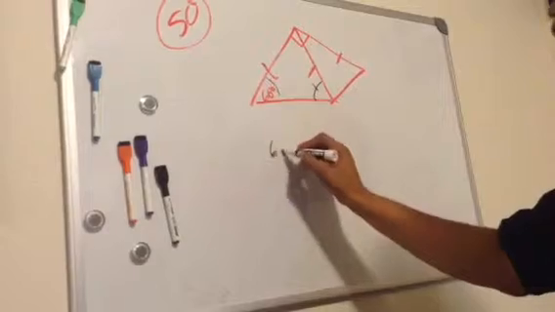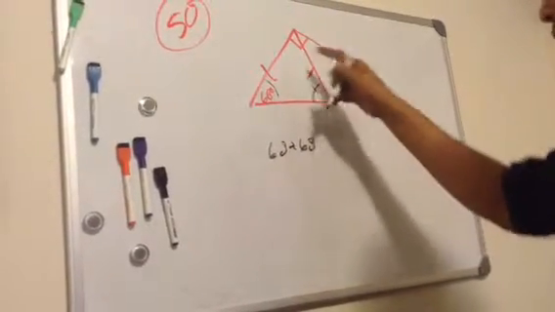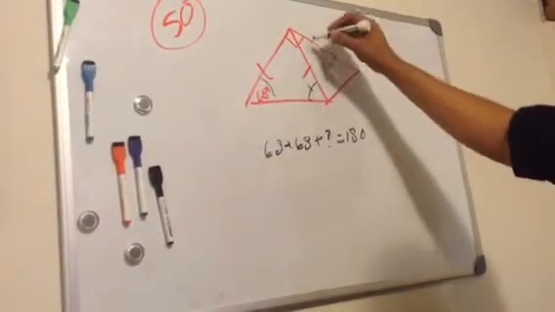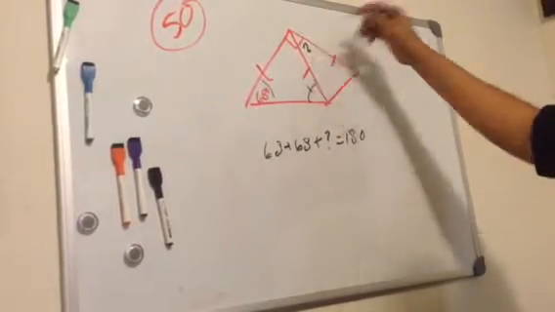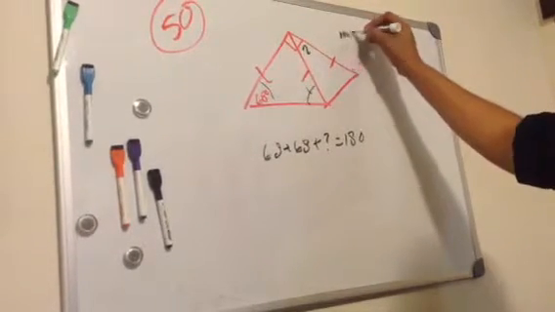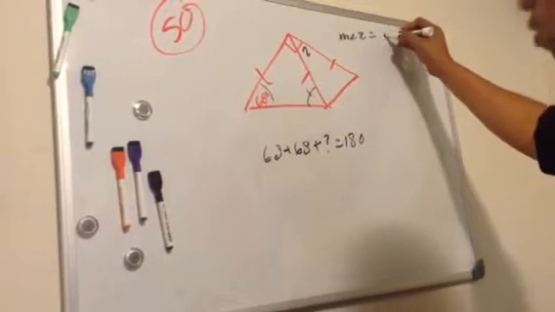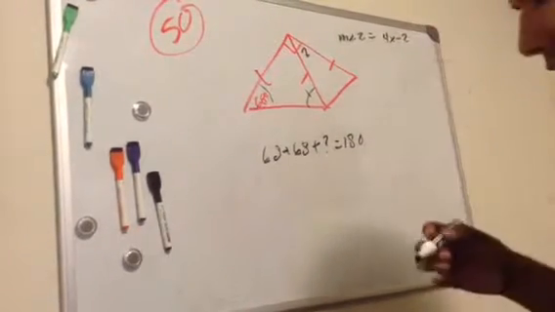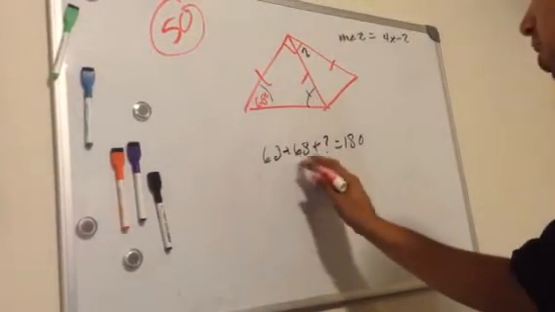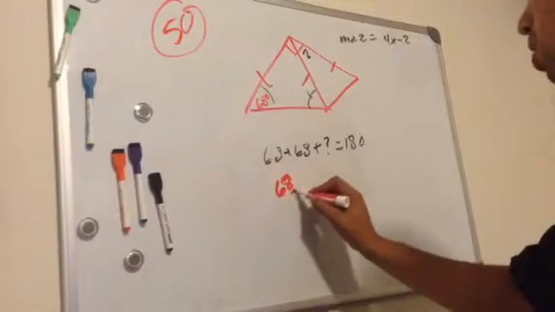So we have 68 degrees plus 68 plus question mark is equal to 180. And also we're trying to find angle measurement 2, and it tells us that angle measurement 2 is 4x minus 2. Great. So now we add this up. So we have 68 plus 68. I'm going to multiply 68 times 2 because it's the same thing.